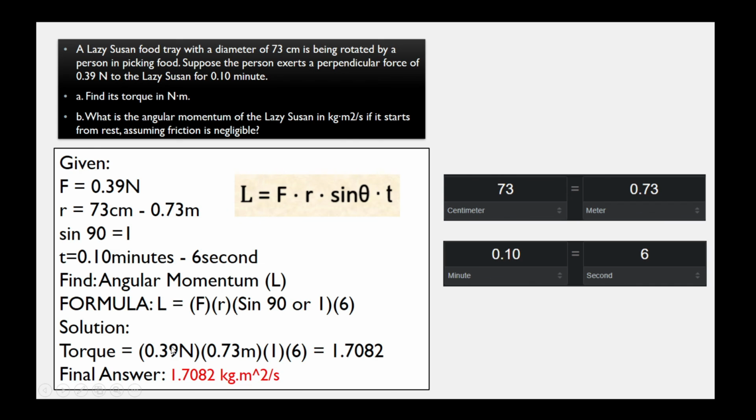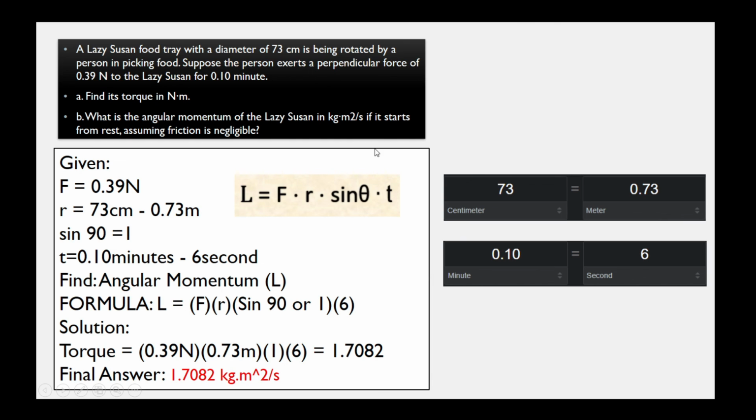The force is 0.39 times 0.73 meter times 1, this is the sine, and 6 is the time in seconds. Multiply that, and we end up with 1.7082. The final answer will be 1.7082 kilogram meter squared per second.